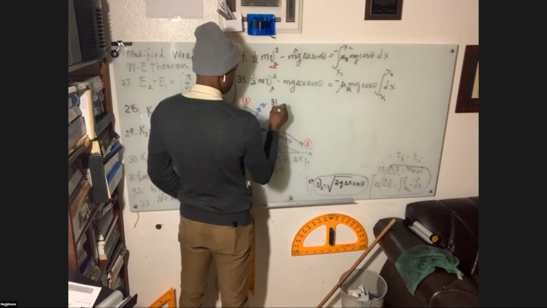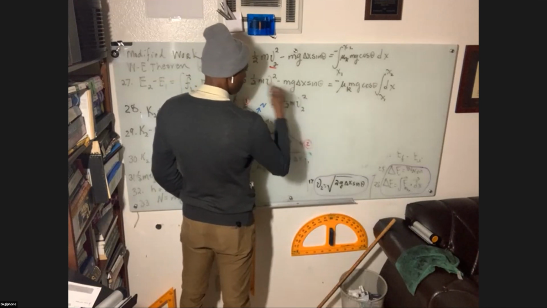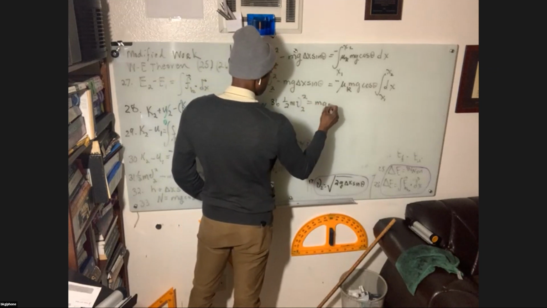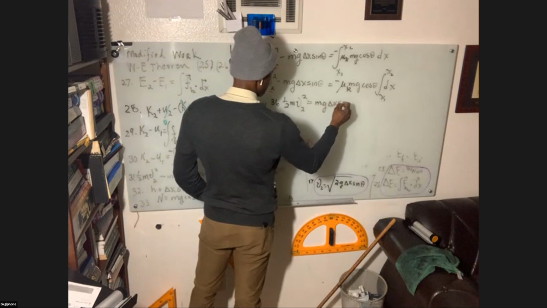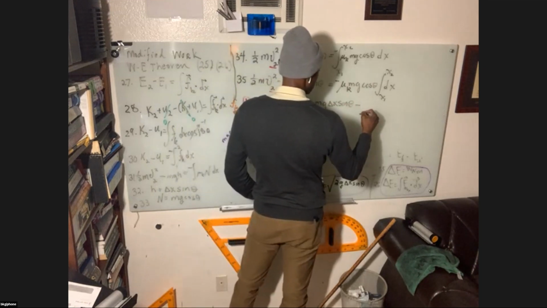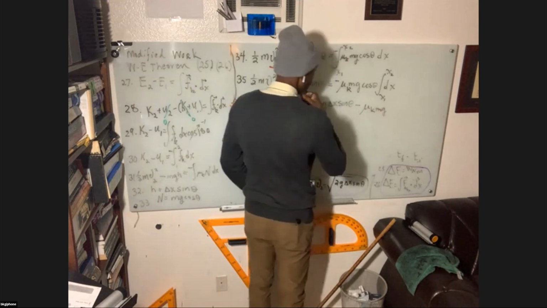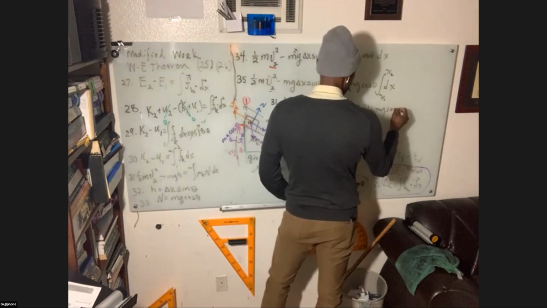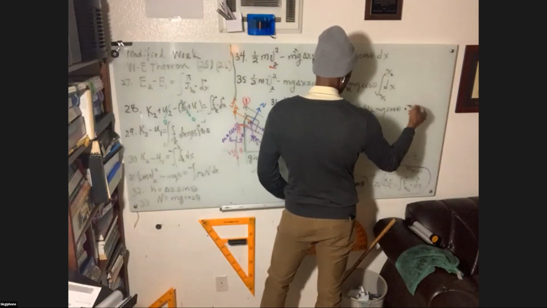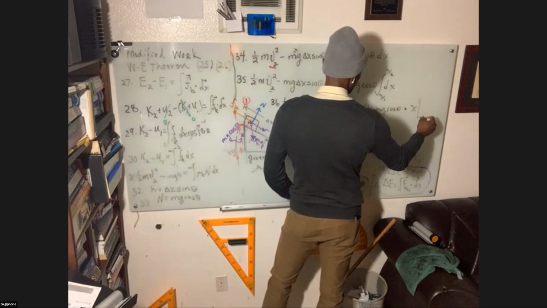So that becomes 1/2 mv squared equal to plus mg delta x sine theta, and then a minus mu k mg cosine theta times x from x1 to x2.